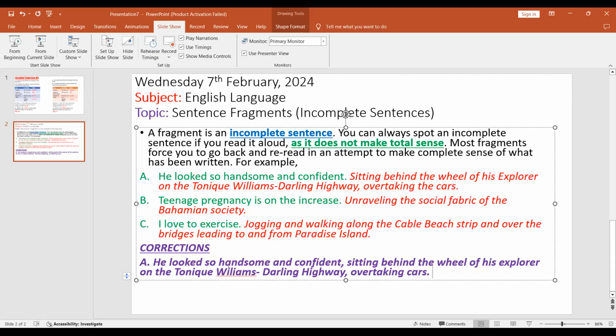So it is possible for us to correct these just by adding a comma instead of the period that we had.